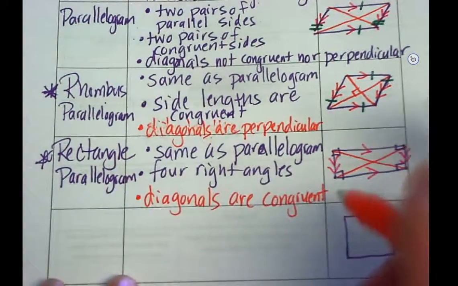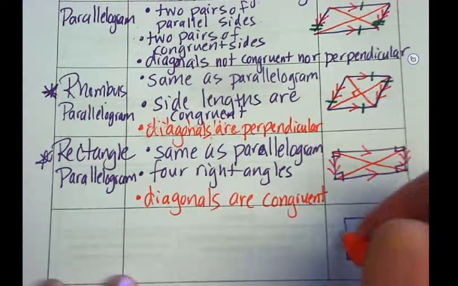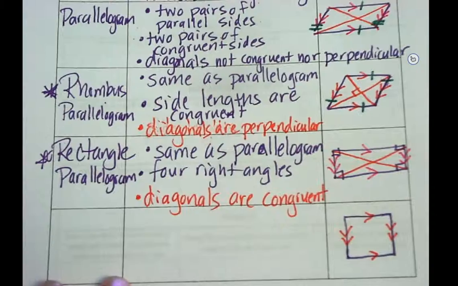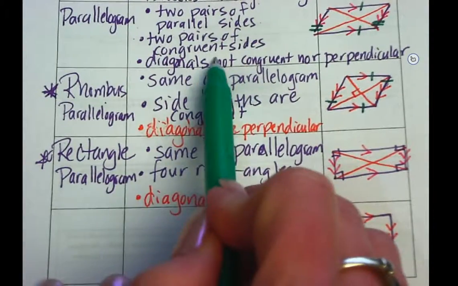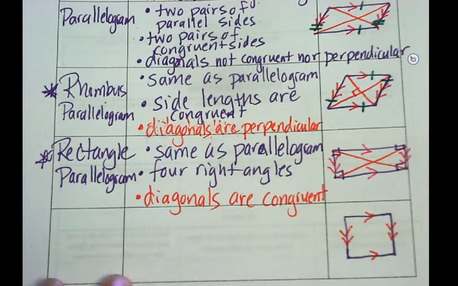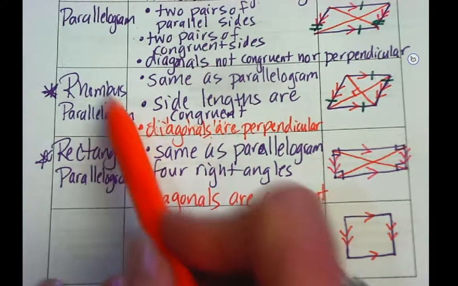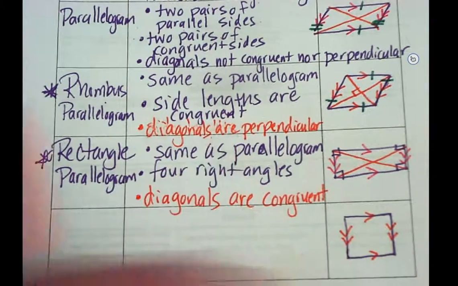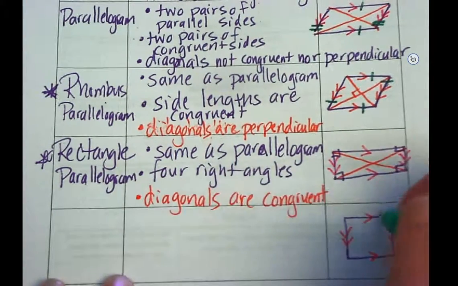So we're going to draw our parallel sides. Does our square have 2 pairs of congruent sides? This pair and this pair. In fact, a square has all the sides congruent.